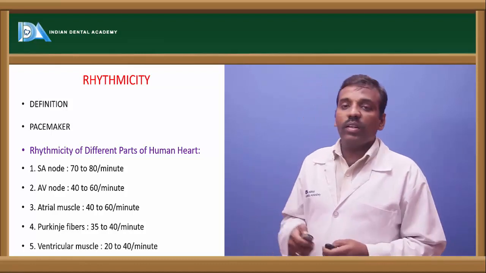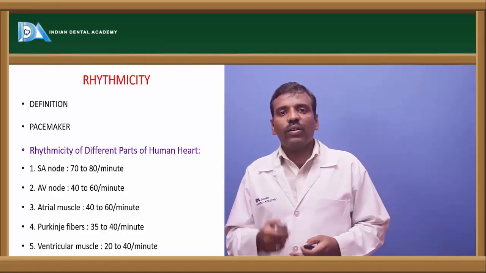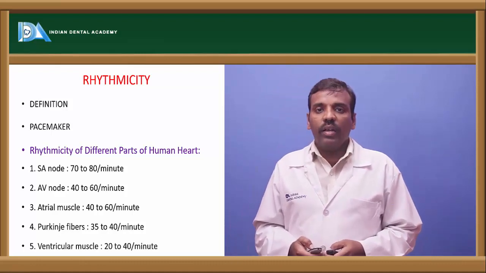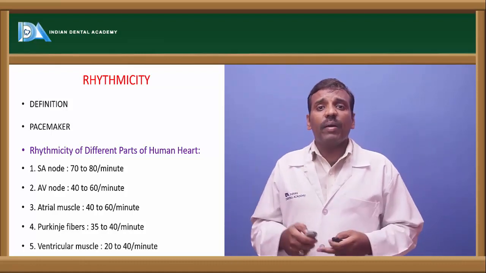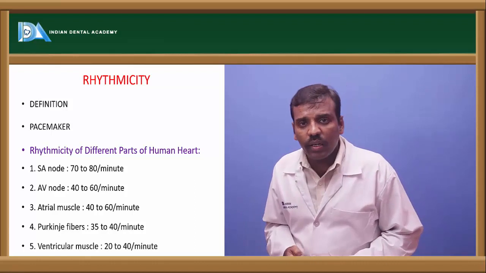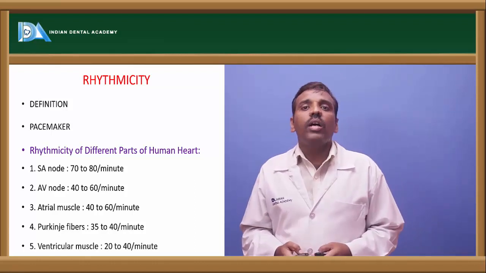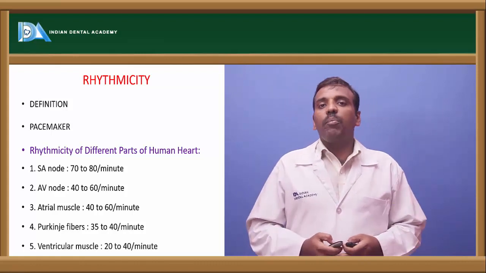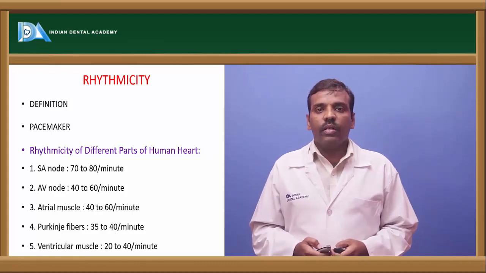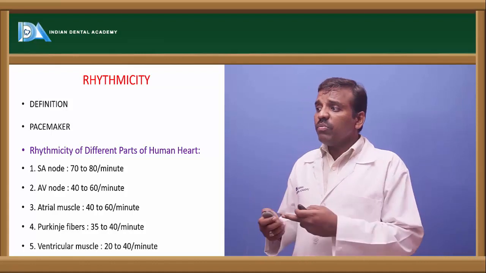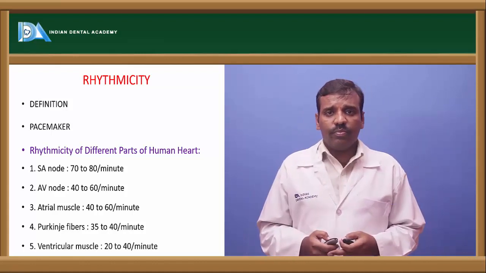Okay, and next is the atrial muscle, after the AV node. If the atrial muscle is the pacemaker, when the AV node is not working, then the heartbeat is about the same as the AV node, that is about 40 to 60 beats per minute. And next one is the Purkinje fibers.